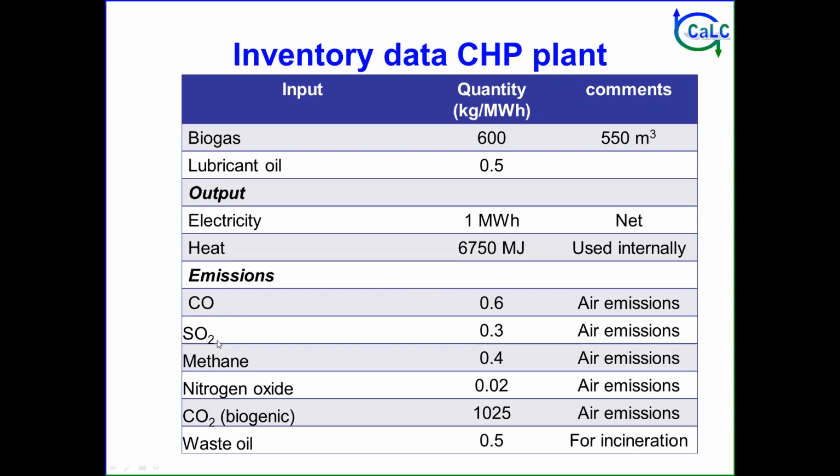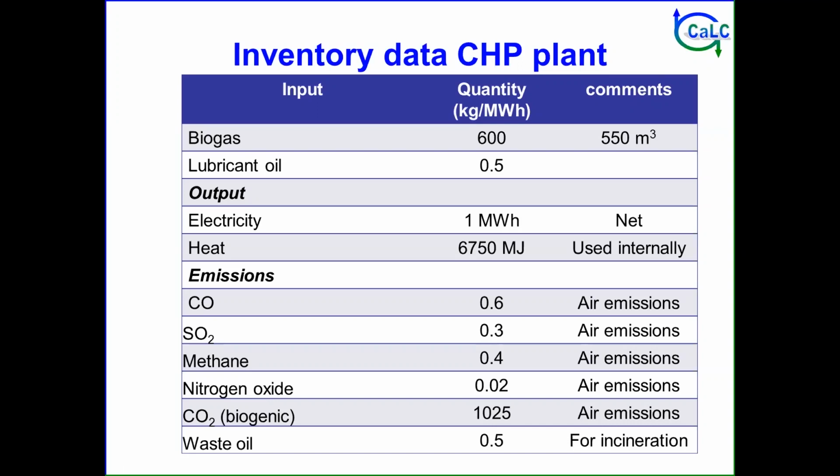So it's carbon monoxide, sulfur oxide, methane, nitrogen. This carbon dioxide is biogenic, because there is a difference between fossil and biogenic carbon dioxide. Biogenic carbon dioxide is produced from biomass, and generally in a carbon footprint this is not taken into account. It is assumed to be a zero carbon footprint.